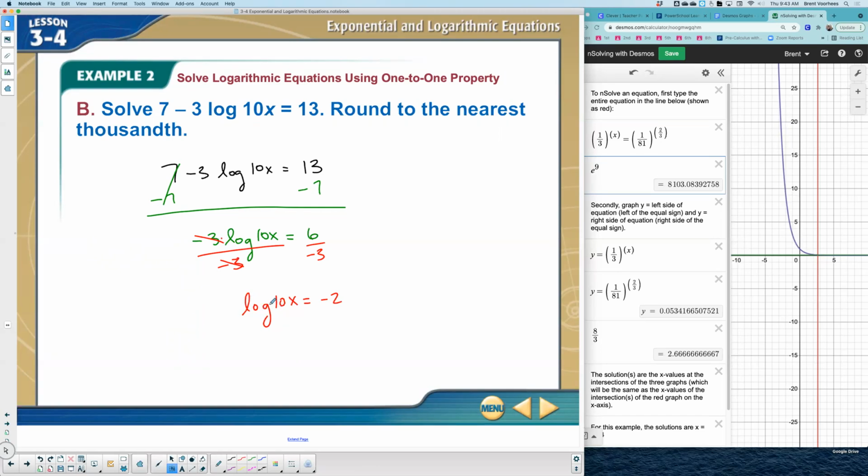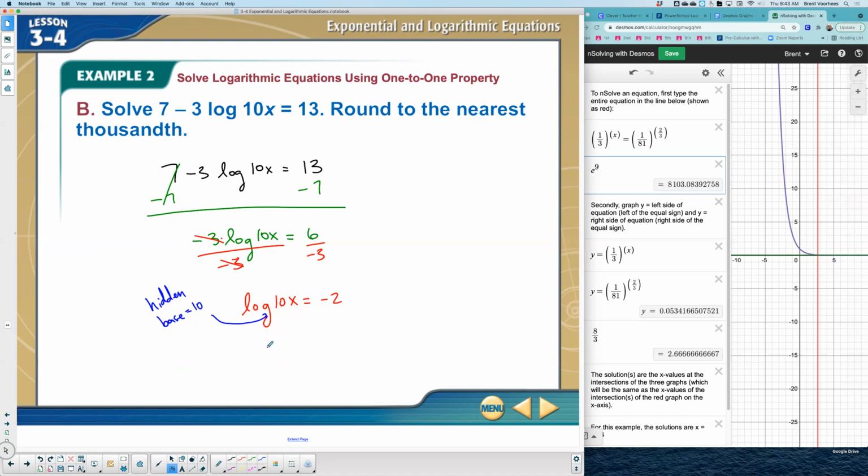Once you isolate the logarithm, how do we solve a logarithm? You take its inverse, which is exponential. This has a hidden base as well. However, this time the hidden base is not e. What's the hidden base when you actually see the word log? 10. Hidden base is 10.